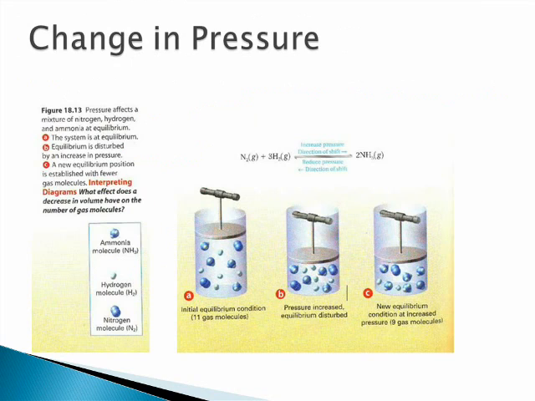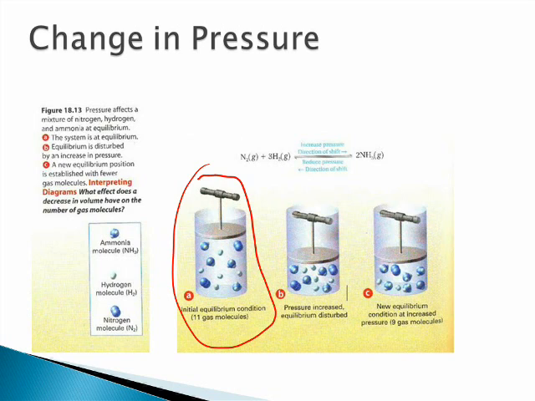So here we have equilibrium, it's just chilling, everything's going well. Now, equilibrium is disturbed. We increase the pressure by decreasing the volume, so the pressure goes up. Then the equilibrium is going to reestablish itself in a way that lessens that pressure.